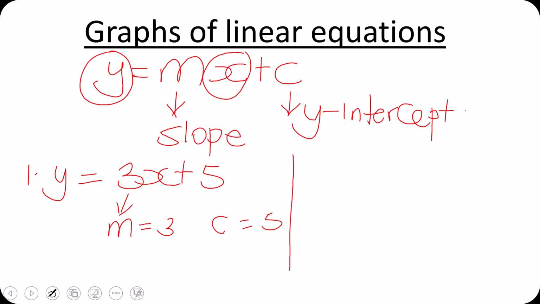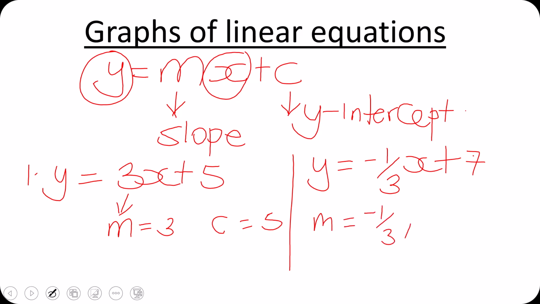Let me give you another example. We can have an equation like y is equal to negative 1 out of 3 x plus maybe 7. So in this case, our m, which is the gradient, will be negative 1 out of 3, and our c, which is the y-intercept, will be 7.